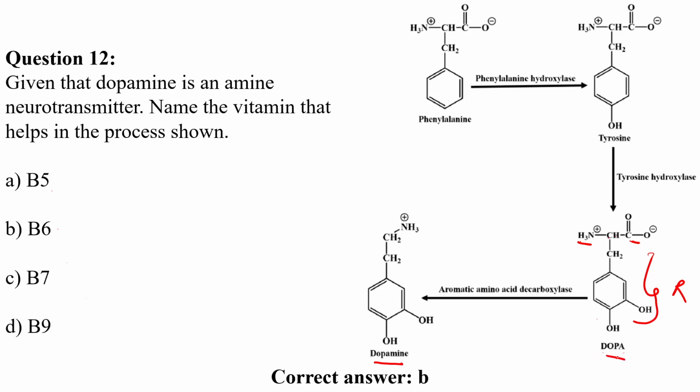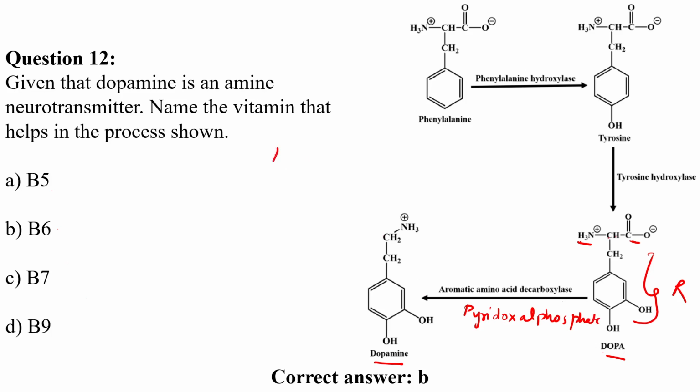So dopa can be converted into dopamine, and this decarboxylation enzyme, aromatic amino acid decarboxylase, requires vitamin B6, that is pyridoxine, or a modified version of pyridoxine, that is pyridoxal. Okay, pyridoxal phosphate, that is the active form of vitamin B6.